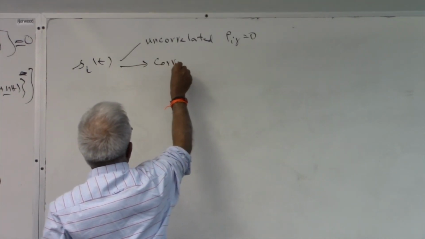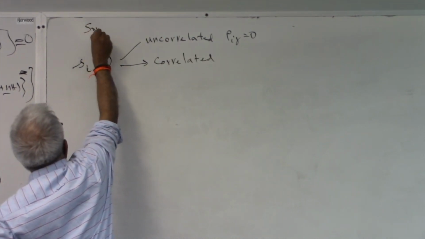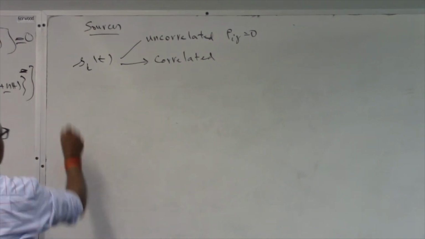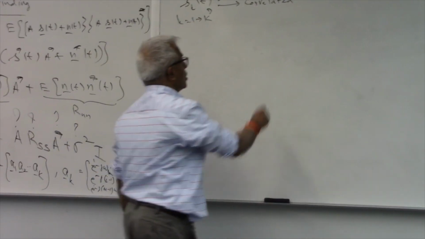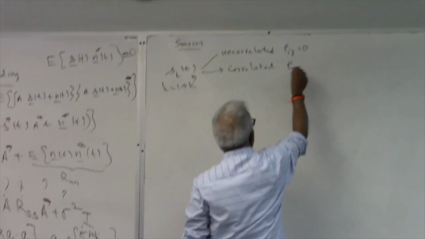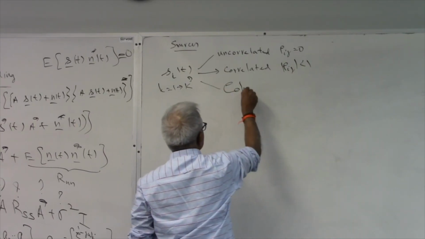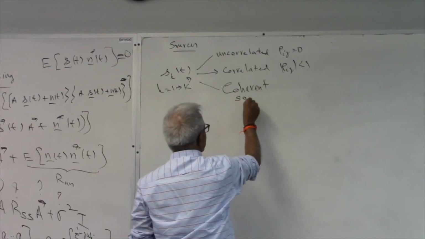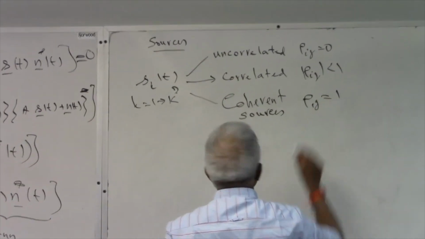Correlated sources, that means rho ij is strictly less than 1. And then you have coherent sources. Unlike noise, all these are possible. Each of these cases is possible. Here rho ij is 1.